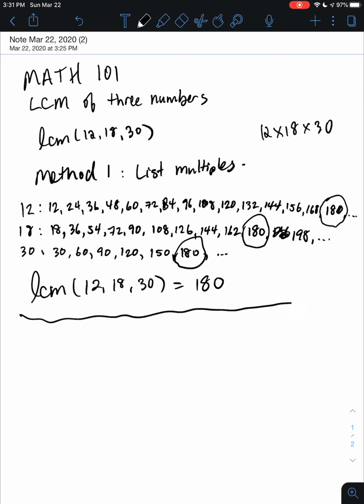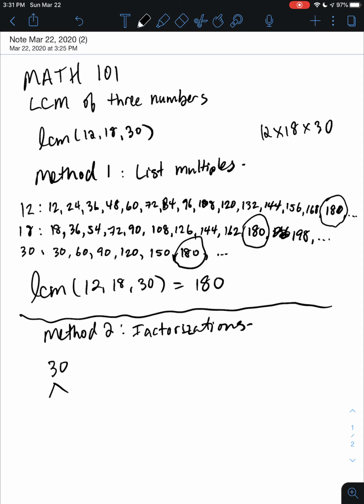Okay, so now we're going to look at method 2: factorizations and factor trees. We've done the factorization for 12 and for 18 numerous times; I'll leave that up to you if you're still rusty at it.